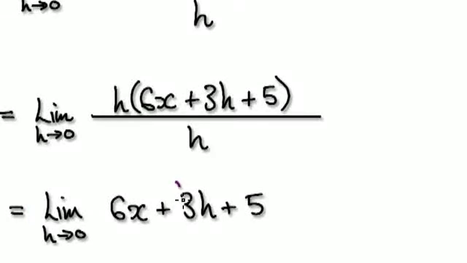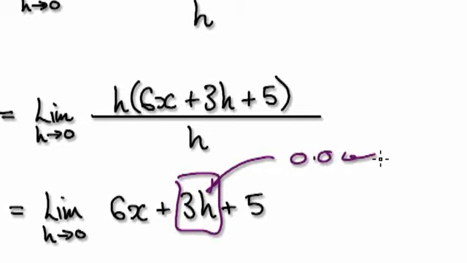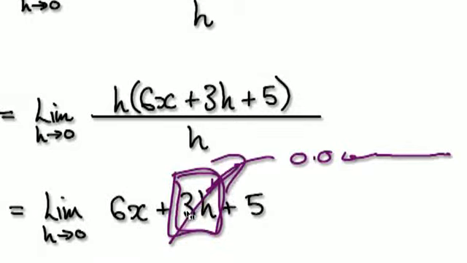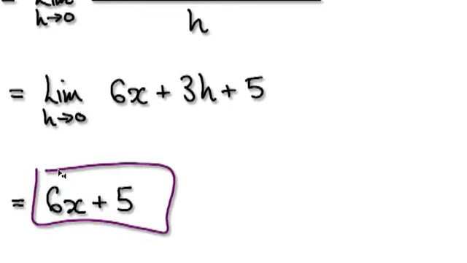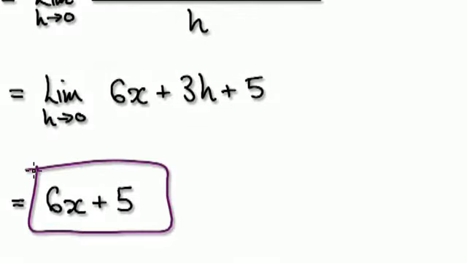You see, as h approaches 0, when h gets to 0.0000, well, as the limit as h approaches 0 here, this thing here is going to disappear, leaving you with the true gradient equals this. Okay, so the true gradient is this.